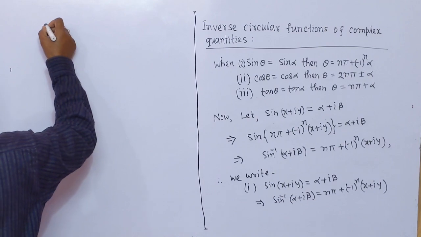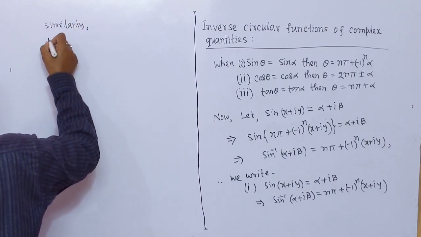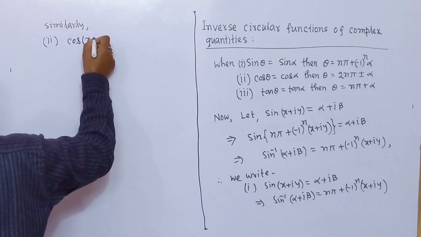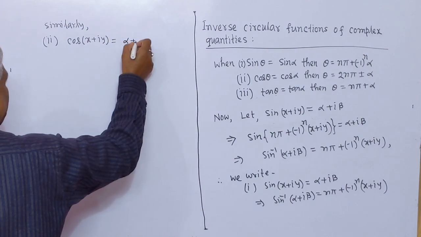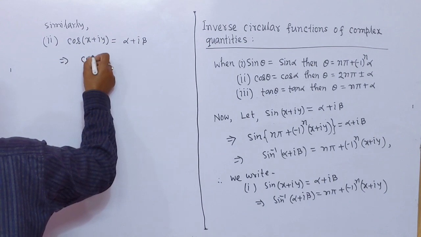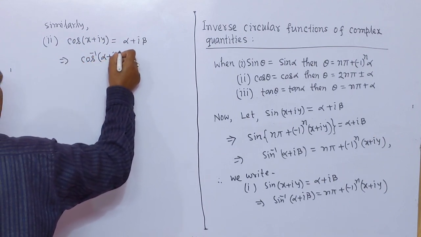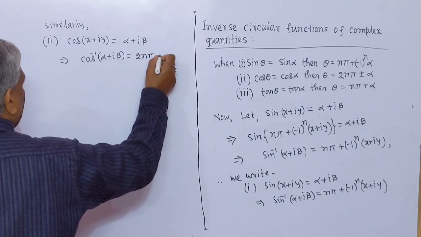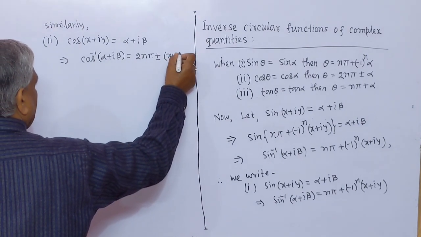Similarly, number 2: cos of x plus iy equals alpha plus i beta implies that cos inverse of alpha plus i beta equals 2n pi plus minus x plus iy.